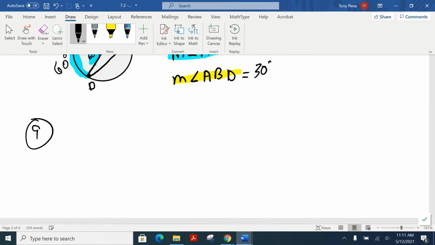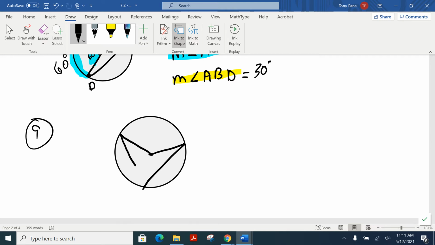So number 9, let me use my fancy ink to shape tool. So there's that. And let's do an angle here, here, here, here. And I'll say this is 60.